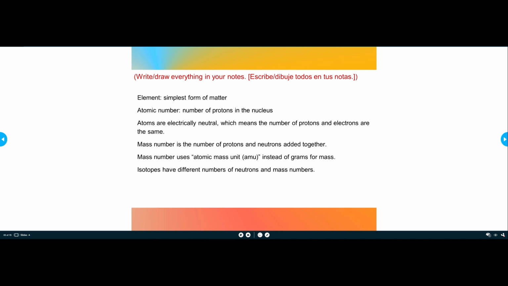The atomic number is the number of protons in the nucleus. We name elements based on the atomic number. Atoms are electrically neutral, which means the number of protons and electrons are the same.